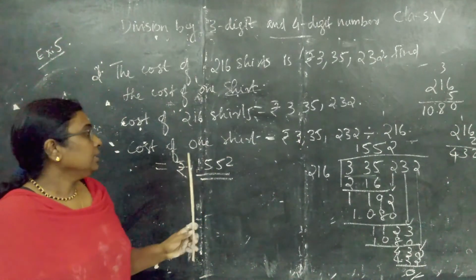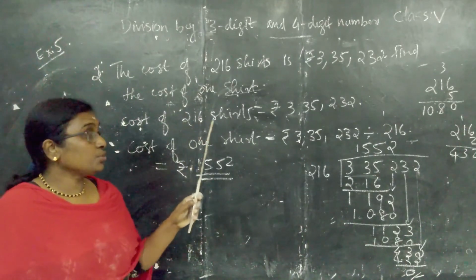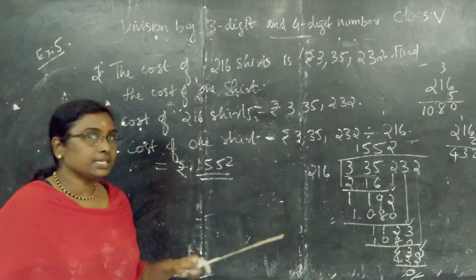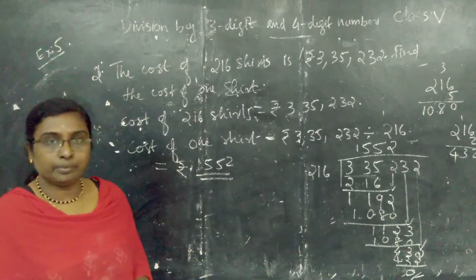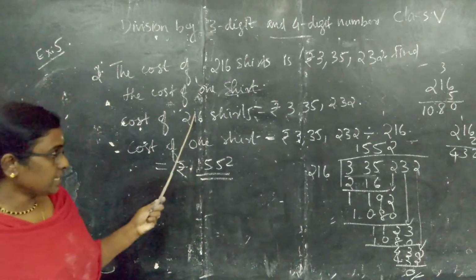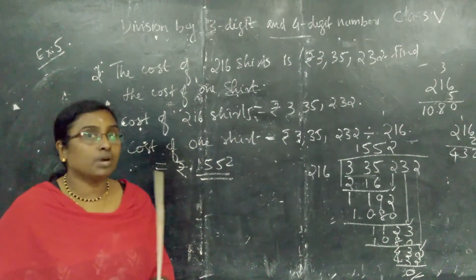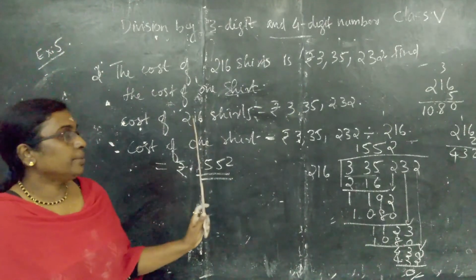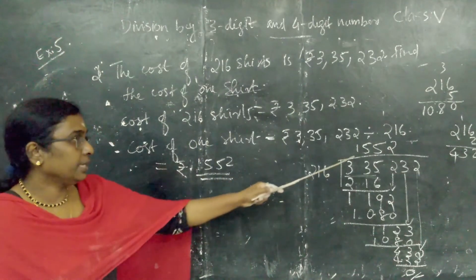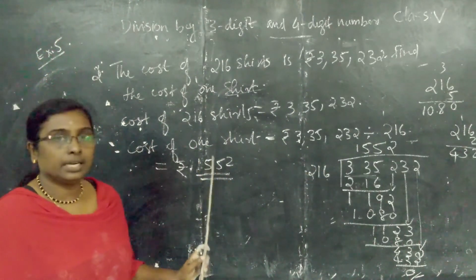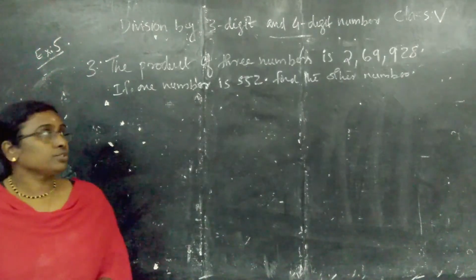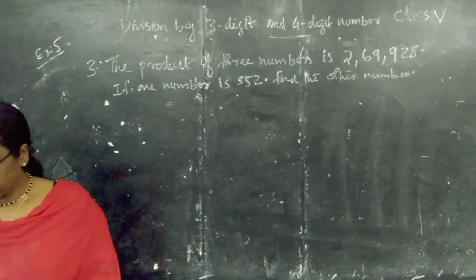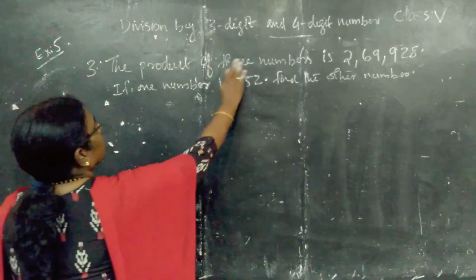In other words, if cost of one shirt is given and if we have to find cost of 216, we have to multiply. Okay. In this case, we have to find the cost of one shirt. So we divide. This cost divided by 216. We get 1552.